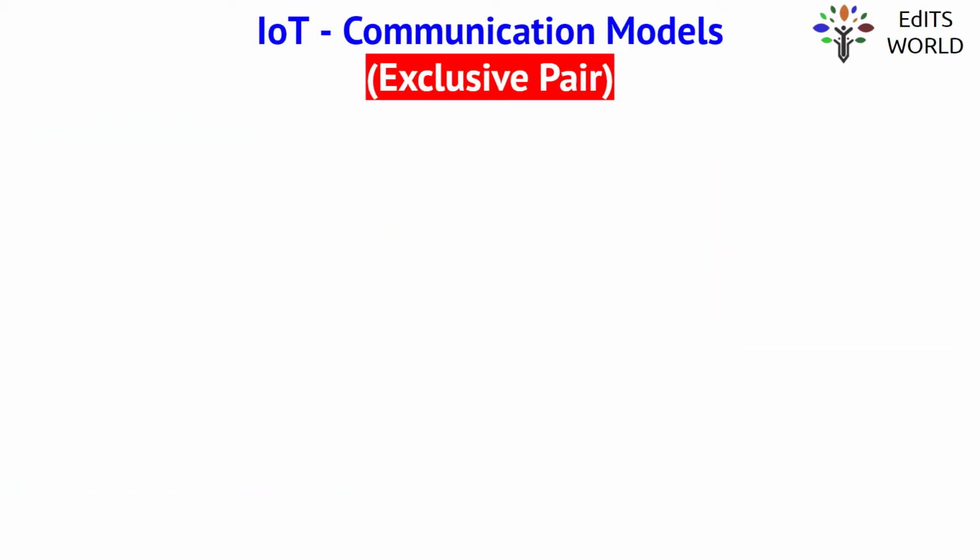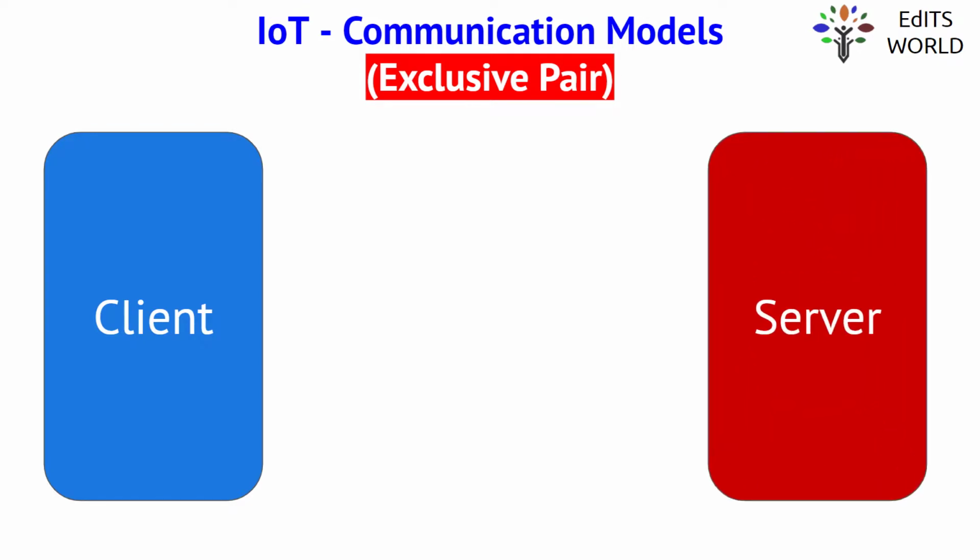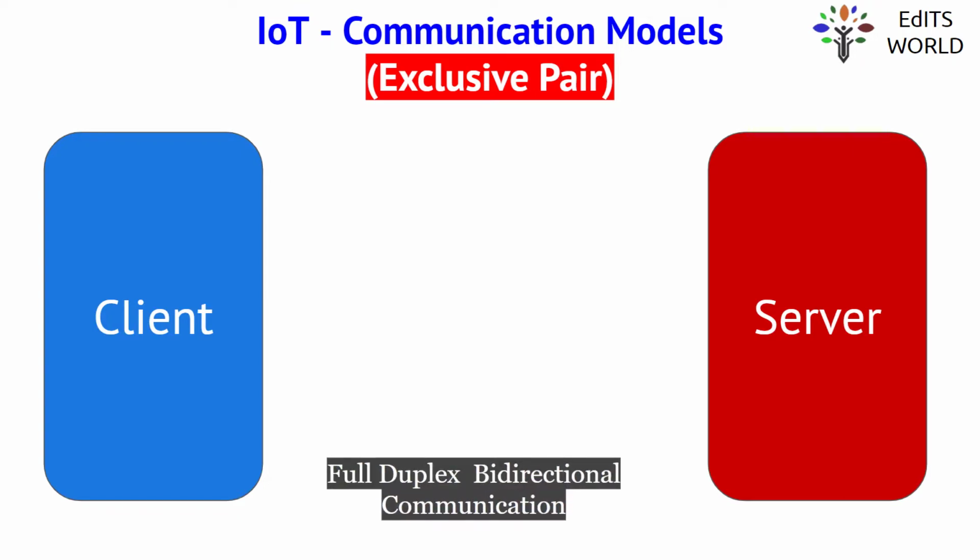Next in the communication models is the exclusive pair. This is used when the data shared by client and server is of high security. Let's understand this in the following way. The client generates a request to set up a connection with the server. As soon as the server is free, it responds to the client, a connection is established between the client and the server, and the transmission of data starts.